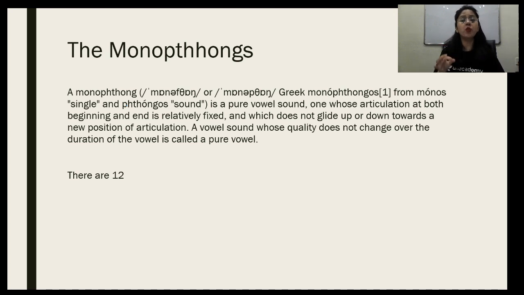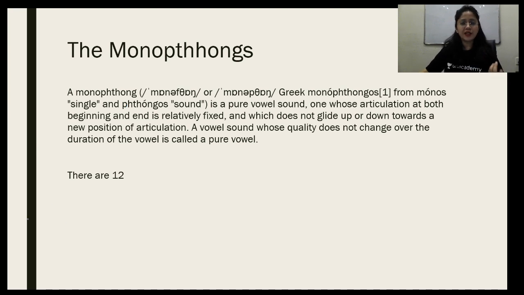It is a pure vowel sound, one whose articulation at both beginning and end is relatively fixed and which does not glide up or down towards a new position of articulation. A vowel sound whose quality does not change over the duration of the vowel is called a pure vowel.